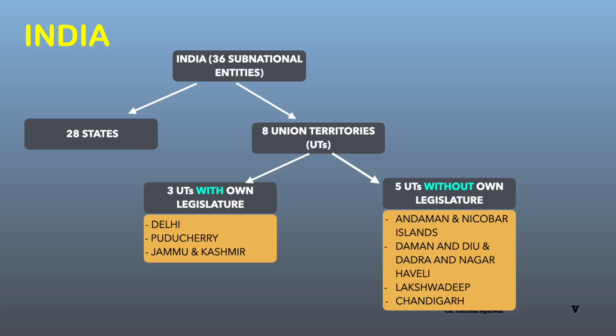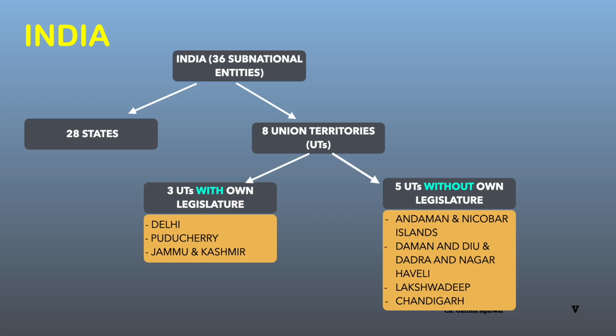Not exactly. As per the Constitution, India is a federal union of 28 states and 8 union territories, that is UTs, totaling 36 subnational entities. Now, states have their own elected governments, while UTs are governed by the union or the central government. However, 3 union territories have their own legislatures and are treated as states for GST purposes. Note, this is important.